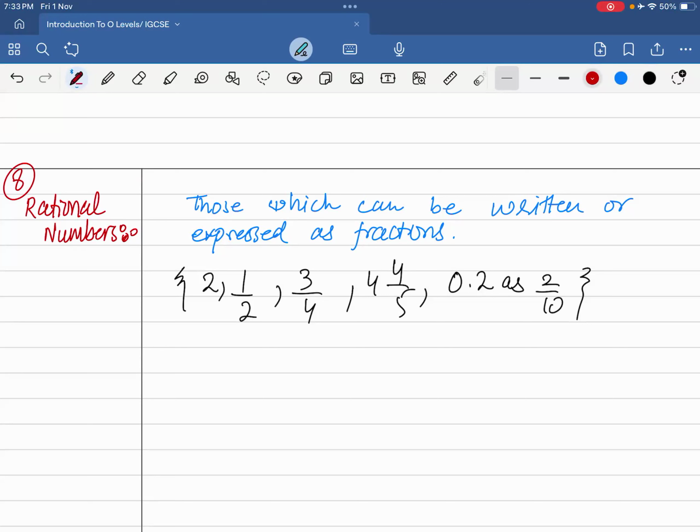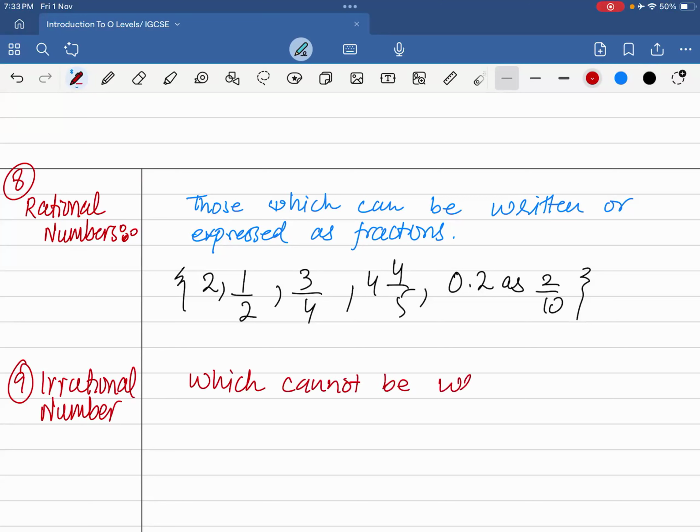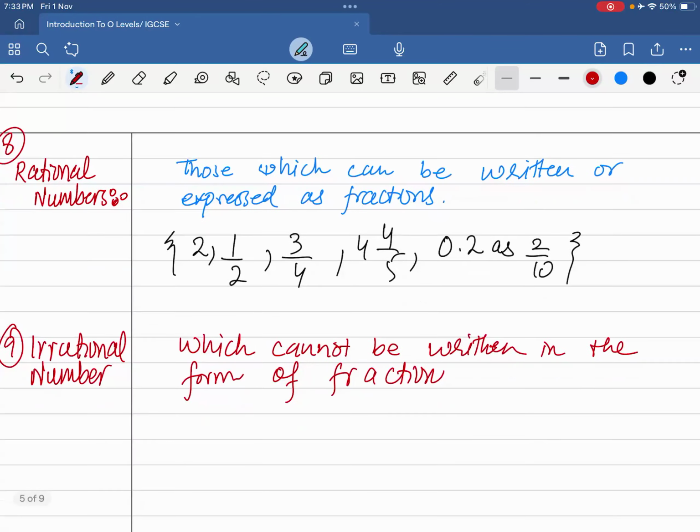And if you cannot write that number in the form of a fraction, that is an irrational number, which cannot be written in the form of a fraction. जिनको हम fraction की form में नहीं लिख सकते, we cannot write them in the form of a fraction.